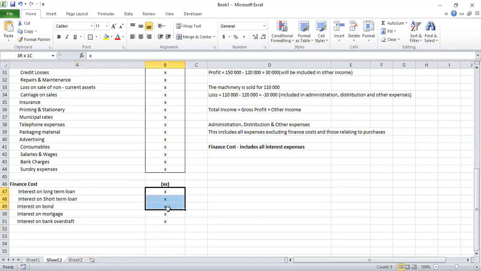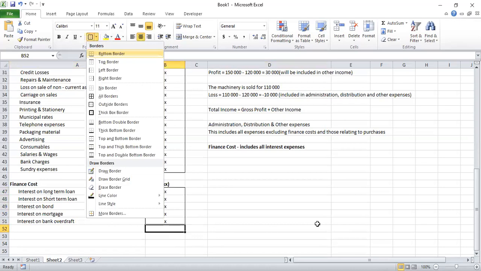So as long as it's an interest expense, it will come here under the finance cost. Right, any questions there?